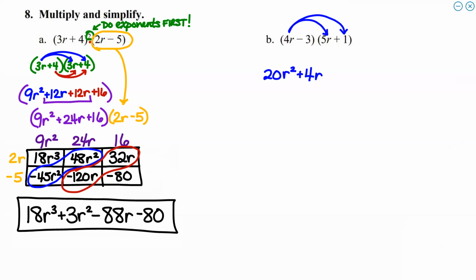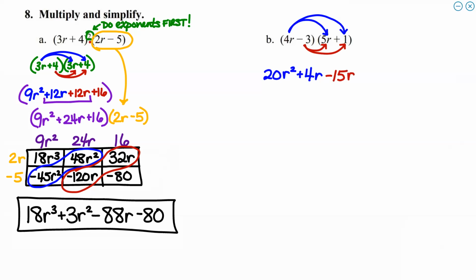What distribution do I still need to do? That -3. What do I need to distribute that to? Has to get distributed to the 5R and to the 1. What is -3 times 5R? Close. -15, just -15? -15R.